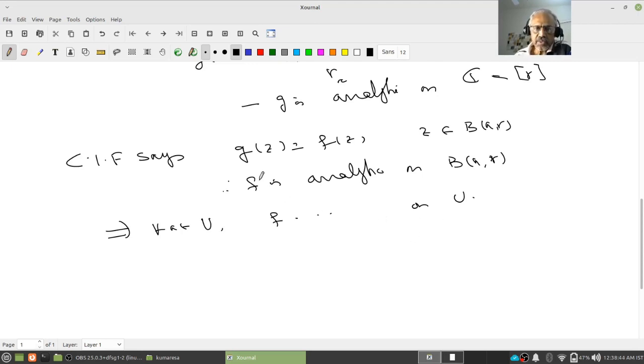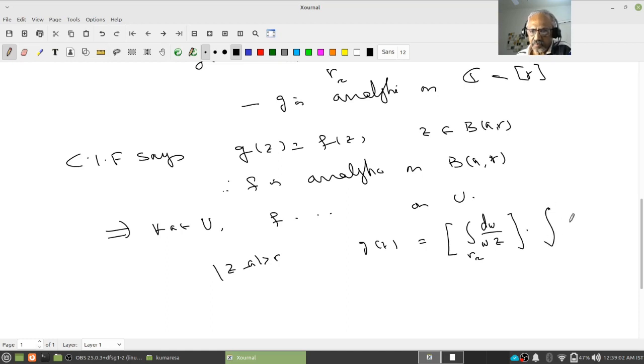In case you are wondering what g of z is when mod z minus a is greater than r, there is an integral of dw by w minus z over gamma_r, times the integral of f of w by w minus z over gamma_r.